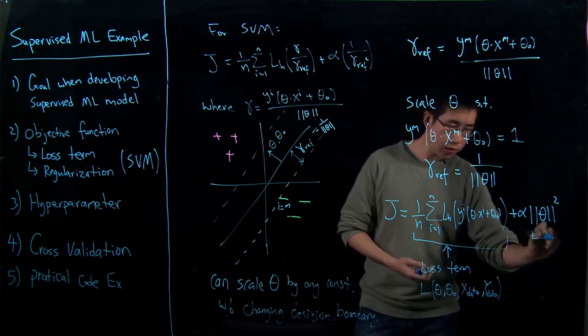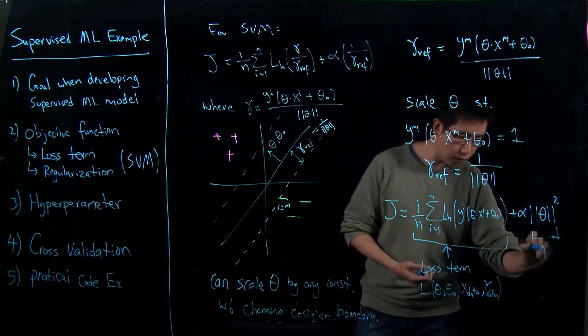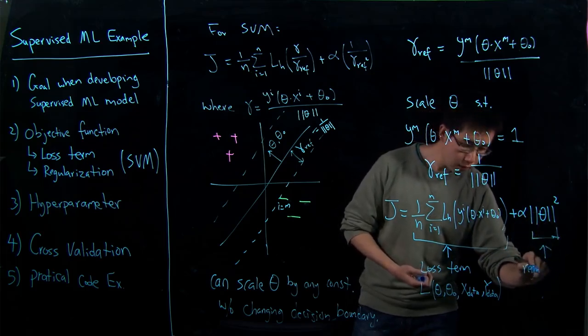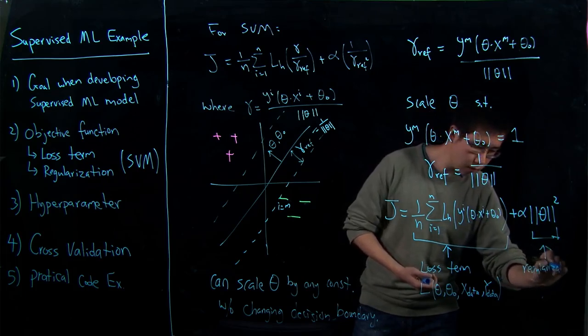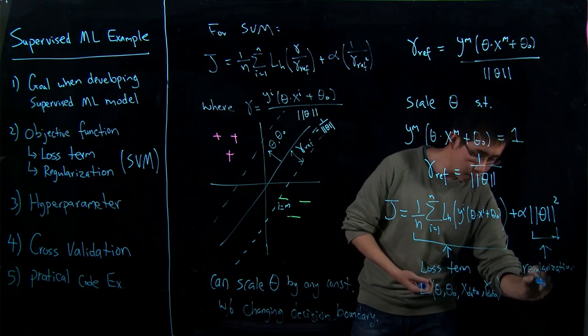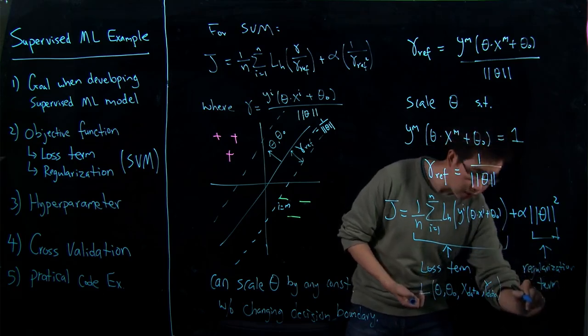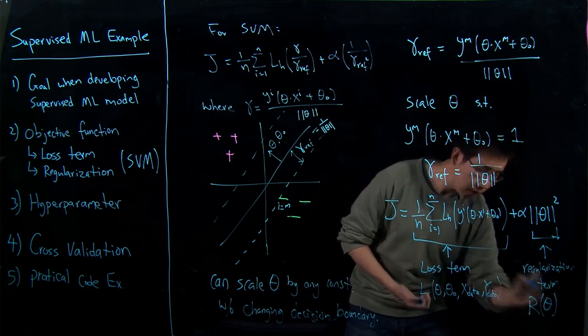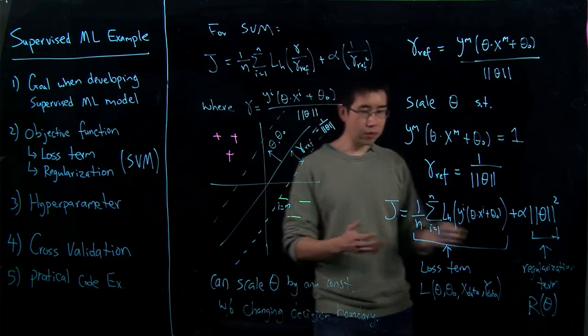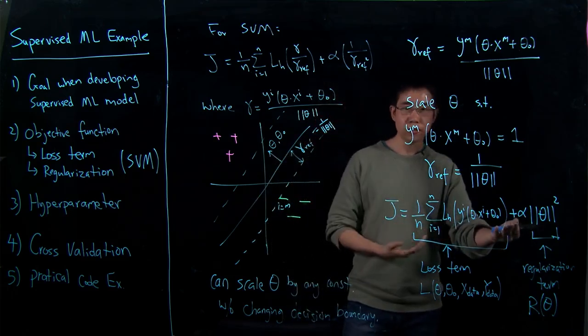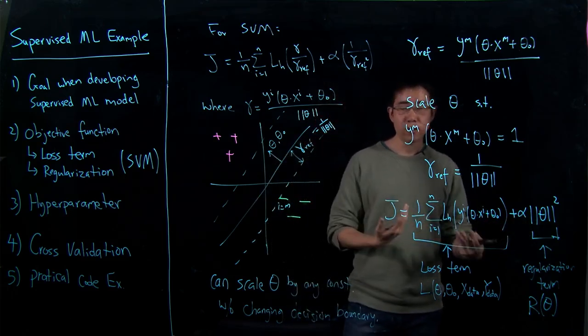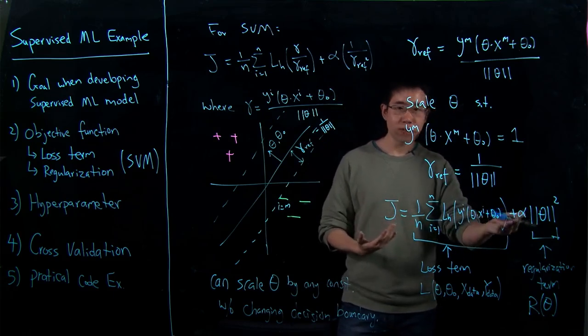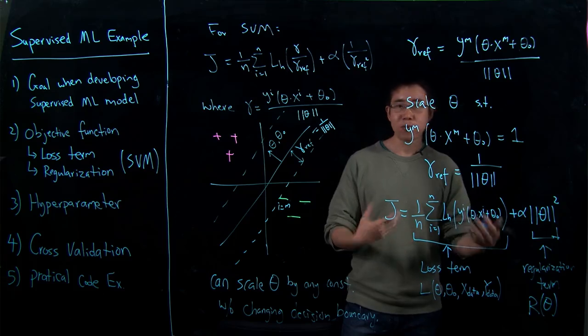And here our regularization term is this here. And we see that indeed it is exactly just a function of theta alone. And again, balancing these two terms is the hyperparameter alpha. And now we'll see how different values of alpha affect the performance of our model.